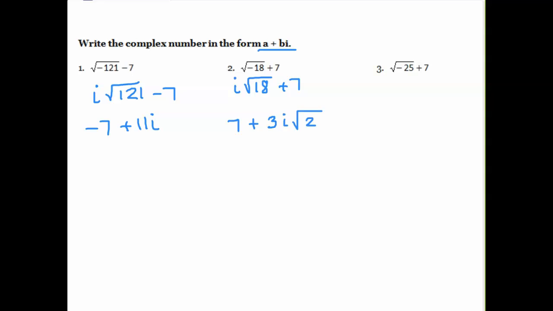So the i is kind of like a variable. It's going to come after the coefficient, but before the square root. And number 3, we'd write it as 7 plus the i for the negative, and the square root of 25 is 5. If you want to skip this line here, you can. Again, I'm just showing you how it becomes i, and then you simplify.